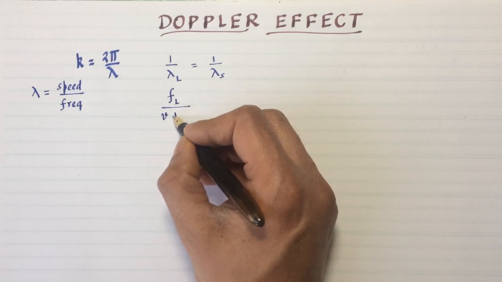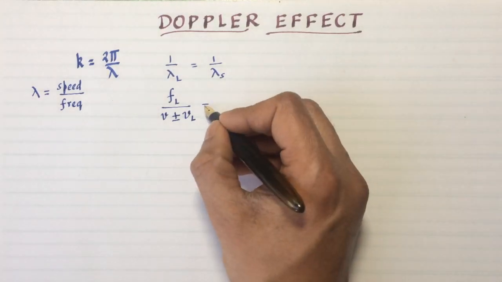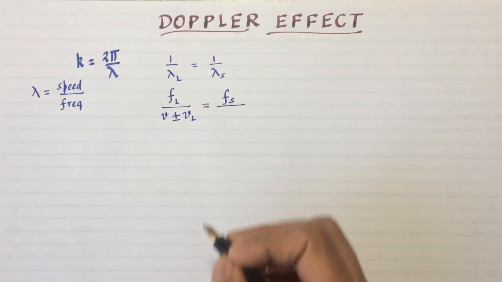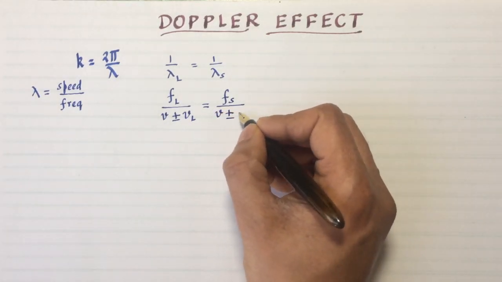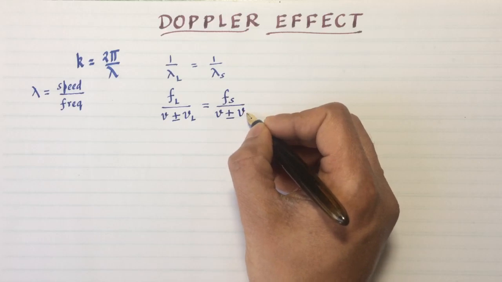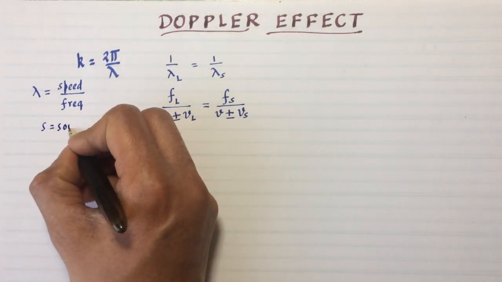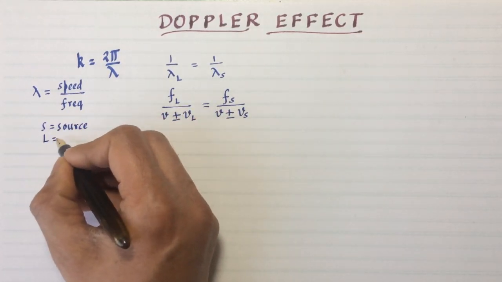So it's going to be V plus or minus the speed of the listener. And by the same reasoning, it's going to be the frequency of the source divided by the speed of sound plus or minus the speed of the source. S here stands for the source of the sound, and L stands for the listener of the sound.